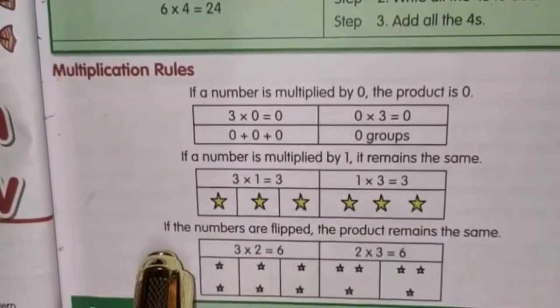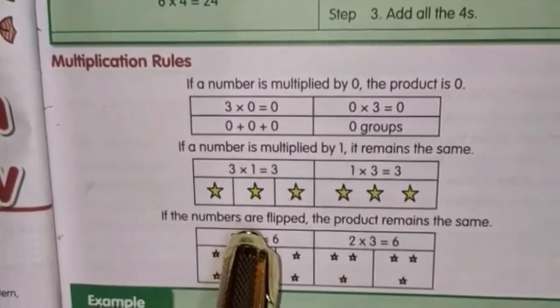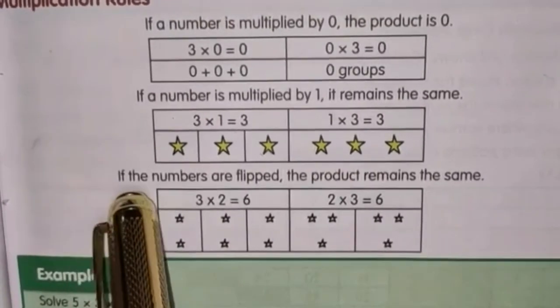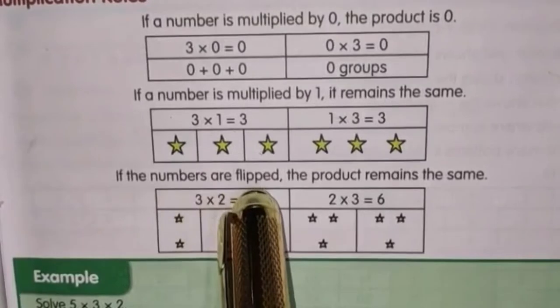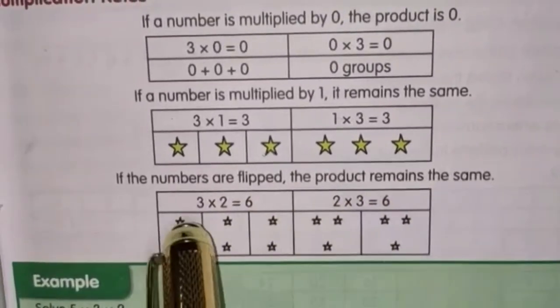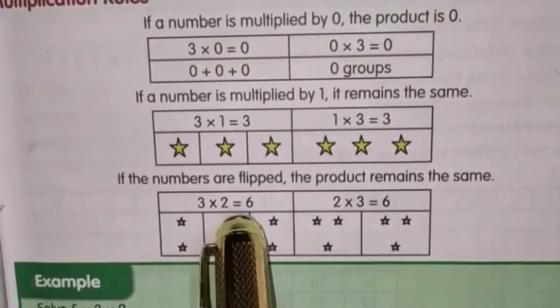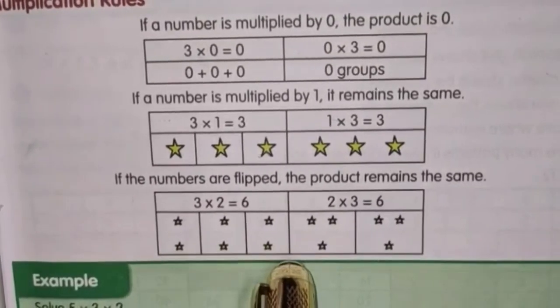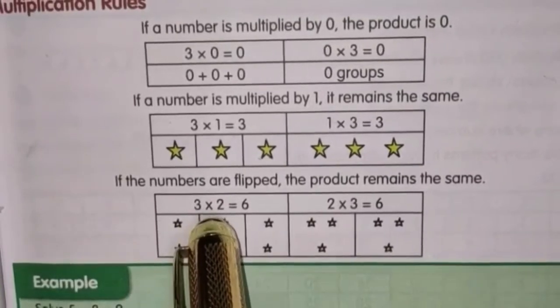Okay children? Now if the numbers are flipped, the product remains the same. 3 into 2 is equals to 6. So here you can see this example children. 3 into 2.